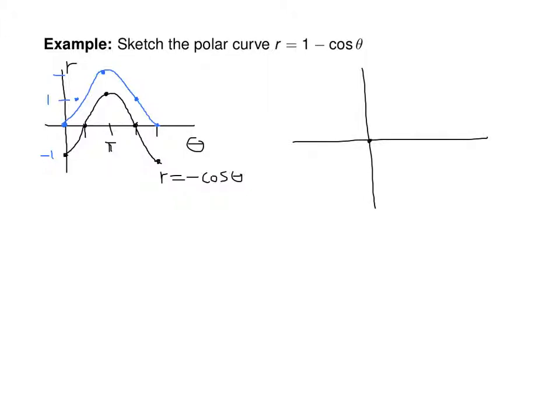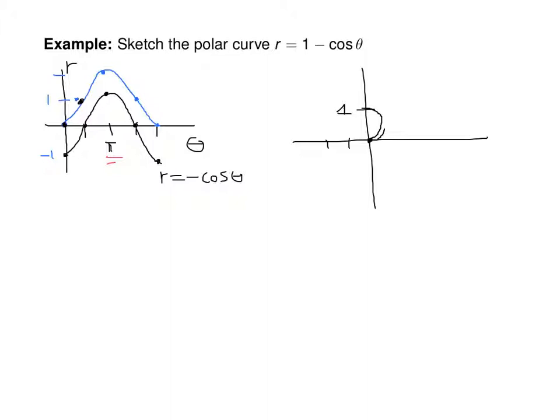So now we start at an angle of 0 and a radius of 0, so we start at the origin. And then by pi halves, our radius has increased to 1. By an angle of pi, the radius is 2.